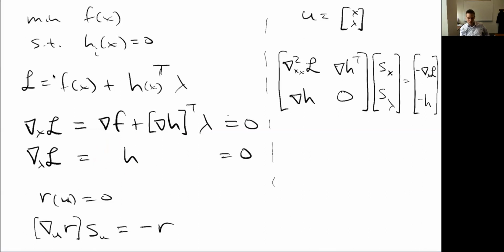So let's step back and see what we're doing here. I've got some general complicated equations. These are my KKT conditions. I can't necessarily solve them directly like I could in a linear case, so I'm going to use Newton's method. And this is a step in Newton's method, and so these are my step sizes. So that means my next iteration, after I solve this system of equations, is going to be X plus Sx, I just update my X values, and I update my Lagrange multipliers with S lambda, sorry.